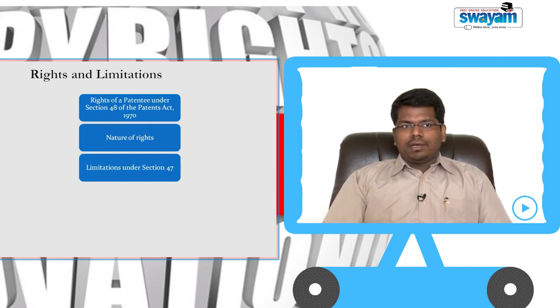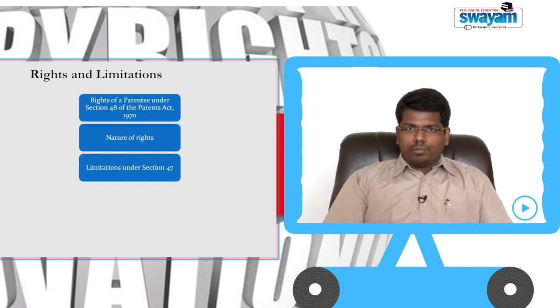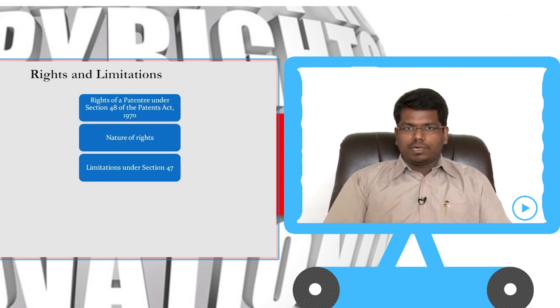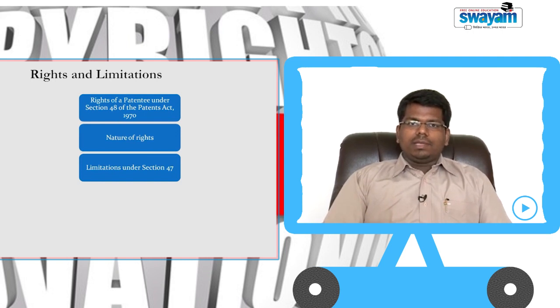For instance, section 47 prescribes that the government need not take the permission of a patentee in importing the patented products and using them as part of its dispensaries, as part of its hospitals, if the patented product is a pharmaceutical product. Nor does it need the permission of the patentee to store or sell the patented product through notified dispensaries as well. There are a host of conditions under section 47, including the conditions for research.